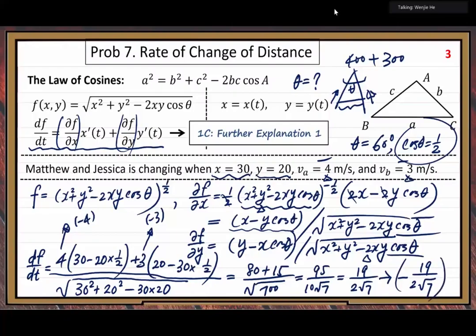The rate of change is decreasing, not increasing. So remember, in our typical problem solving there are 4 steps: 1, 2, 3, 4. In the last step, we need to do interpretation. We need to get back to the original environment to interpret our answer. Here, when we do interpretation, we need to fix this sign problem, the increasing and decreasing problem. All right, so let me stop right here.